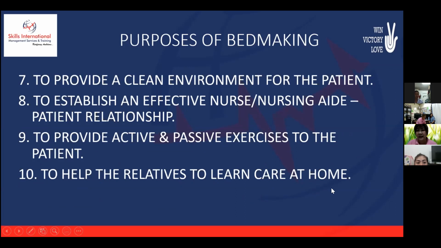This way, we can also teach and educate the family of the patients on how they can make a bed for their patients at home.